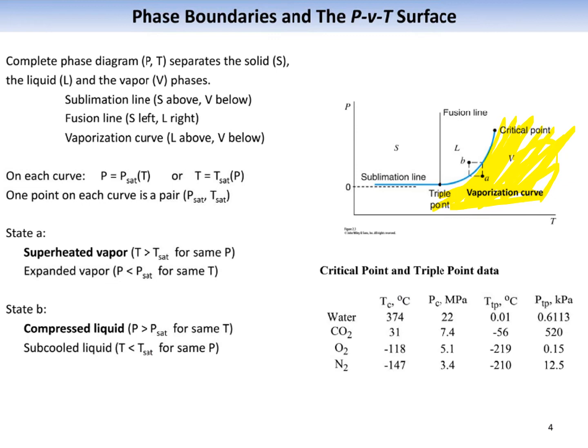For instance, for carbon dioxide at 7.4 megapascal, the temperature is 31 degrees centigrade. The carbon dioxide will be coexisting in all three phases and it will be a triple point. For nitrogen, it's minus 147 degrees centigrade and 3.4 megapascal.